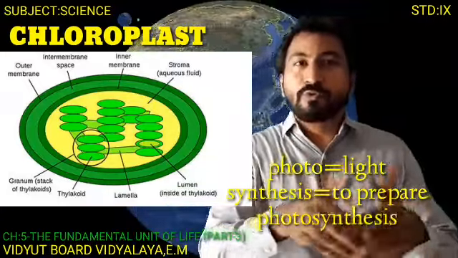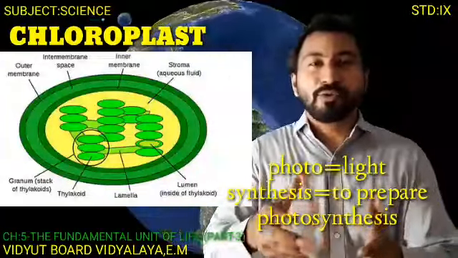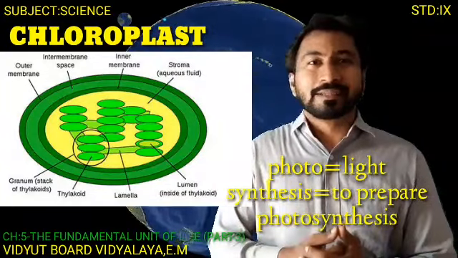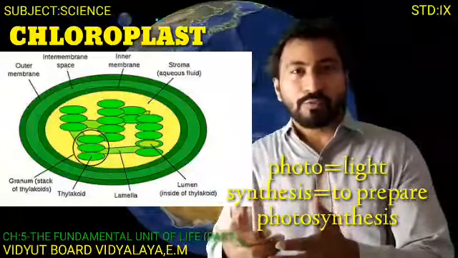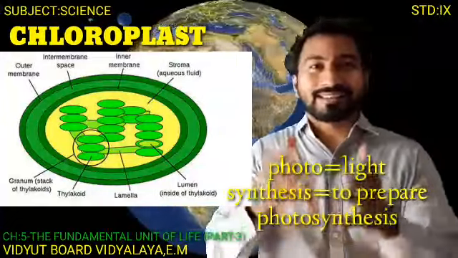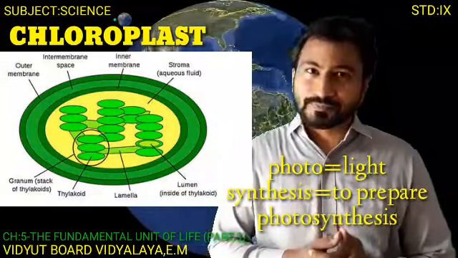So your food is prepared with the help of light, so it is known as photosynthesis. So a major food is prepared by the plants using chlorophyll with the help of this photosynthesis, and that food is known as the carbohydrates.